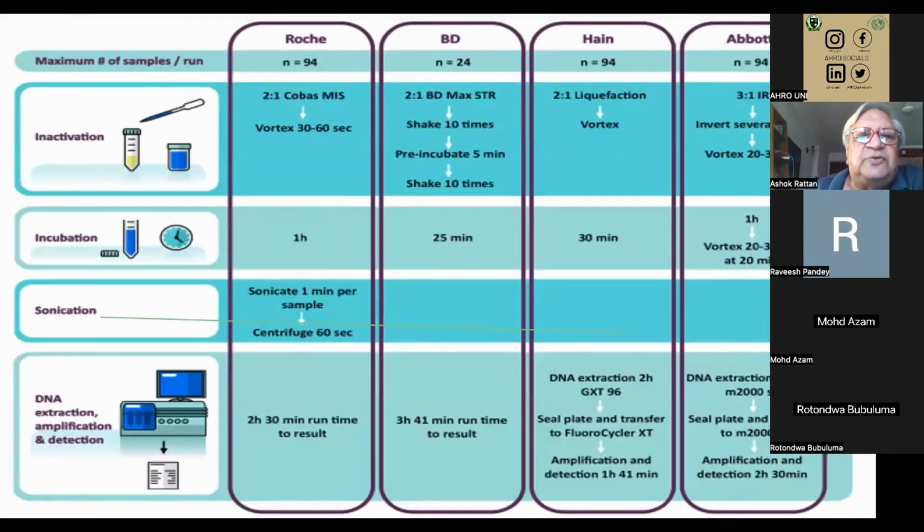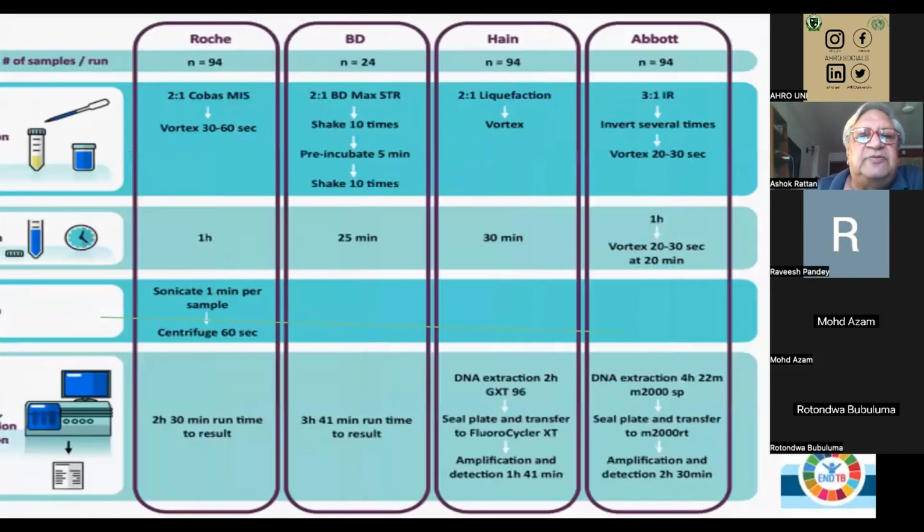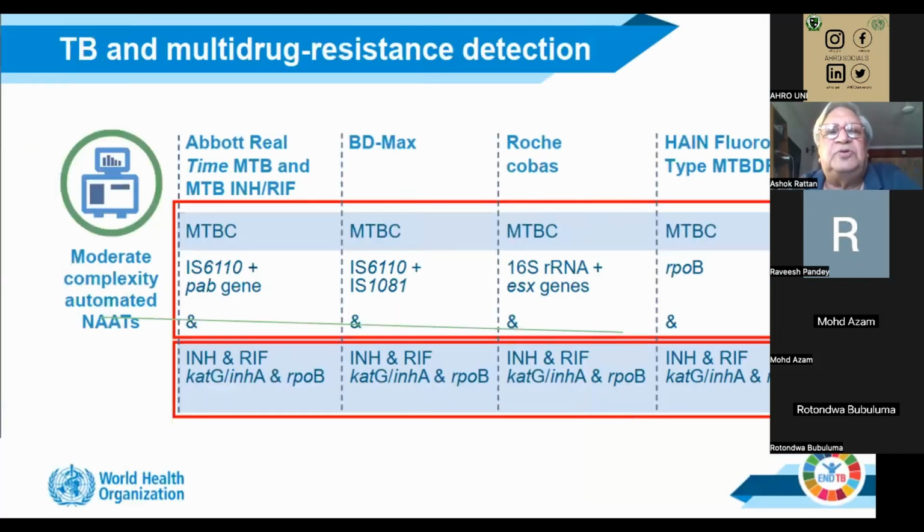The advantage of these 4 new tests was that they would simultaneously report on Mycobacterium tuberculosis, but also report on INH and rifampicin resistance. Most of them had multiple targets for Mycobacterium tuberculosis, making them more sensitive than the existing methods. And because both INH and rifampicin genes were being probed, they would report on both.